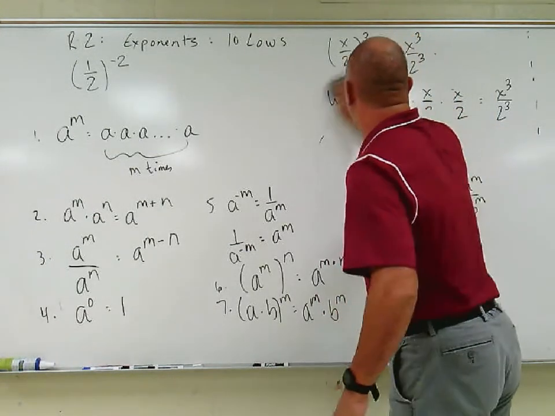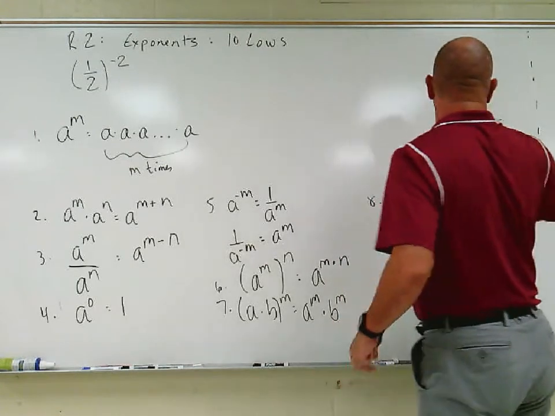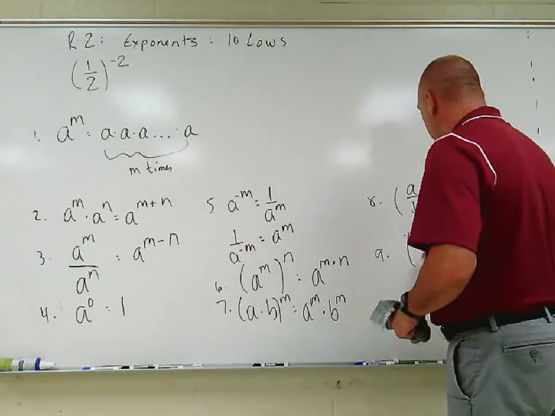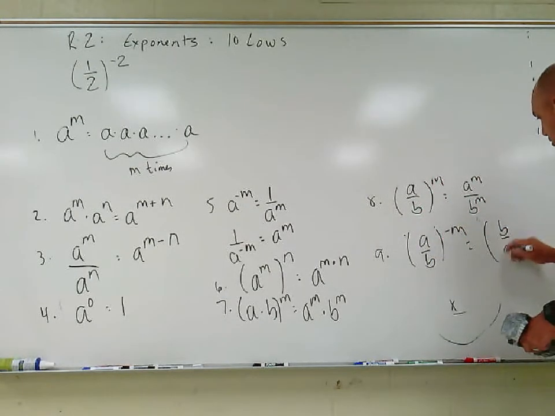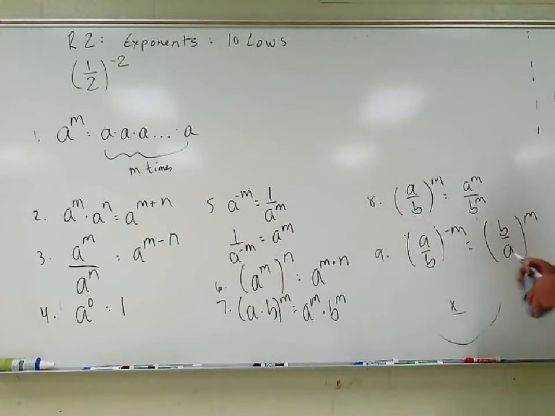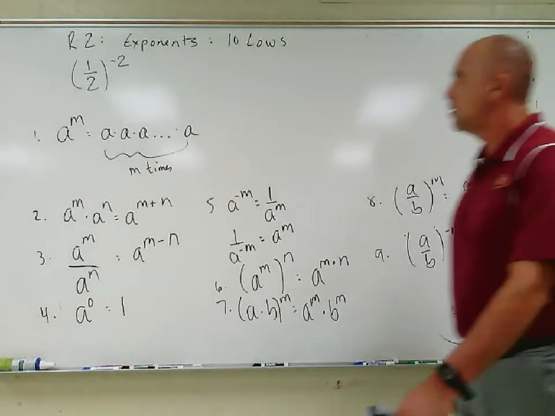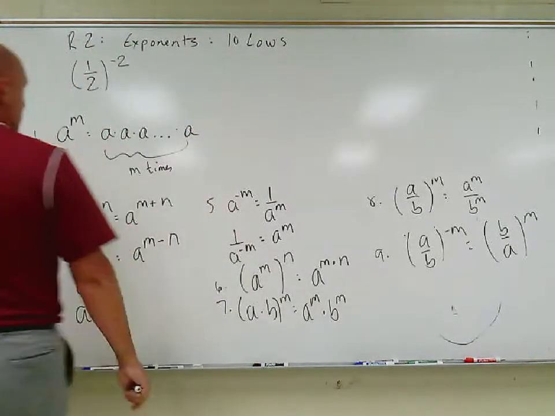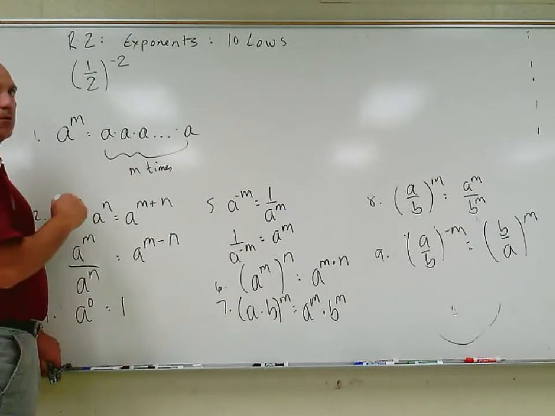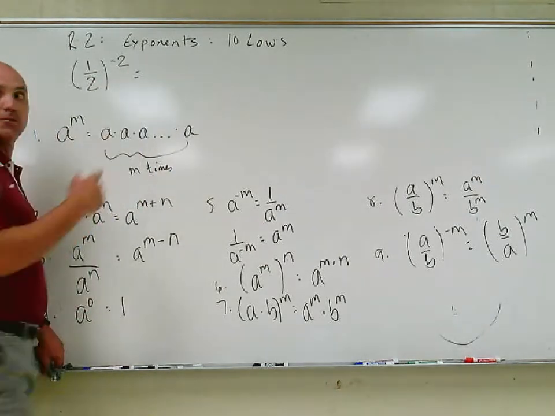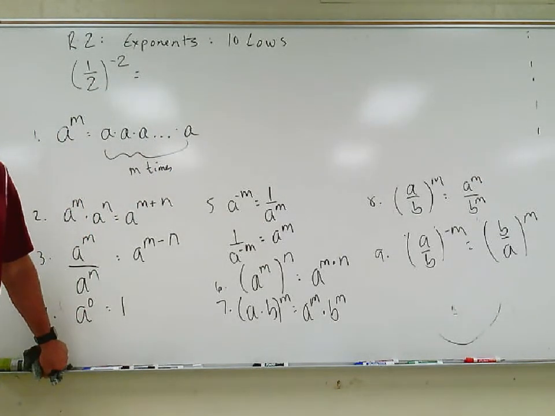We're going to put rule 9 down here. So rule 9 says if you have a fraction to a negative exponent, you can flip the fraction and make it positive. So, Hank, you type this in on the calculator. Yes, so you know the answer, right? So let's do what the rule says. It says if you have a fraction to a negative, you can do what?